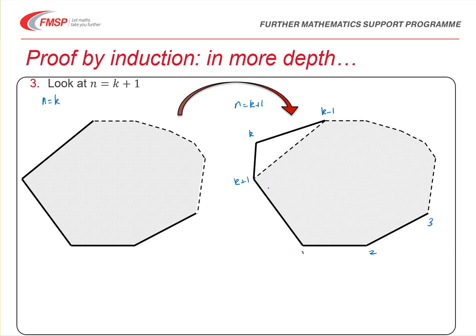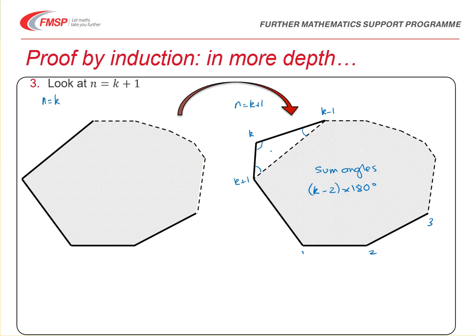If we slide the original polygon over to there, for the shaded area, we make use of our assumption that the angles total k minus 2 times 180 degrees. In order to get the angle sum for the whole k plus 1 polygon, we need to add 3 more angles.